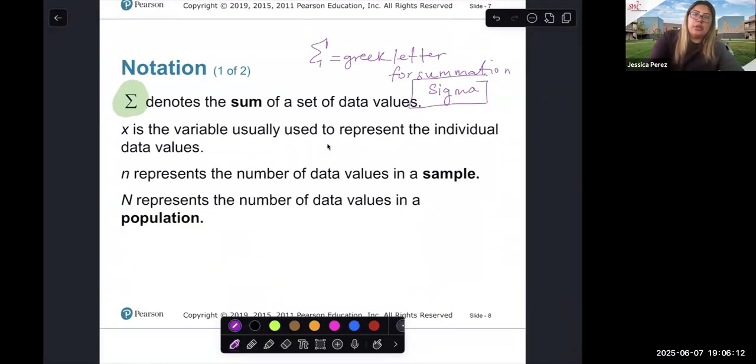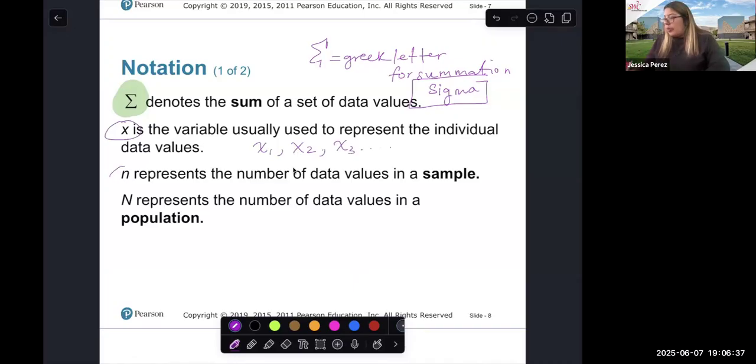In our notation, sigma denotes the sum. X is the variable that represents each individual value. For example, X1, X2, X3, and so on represent the data values.